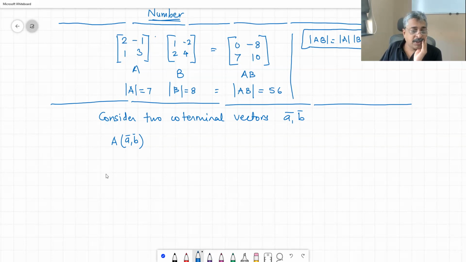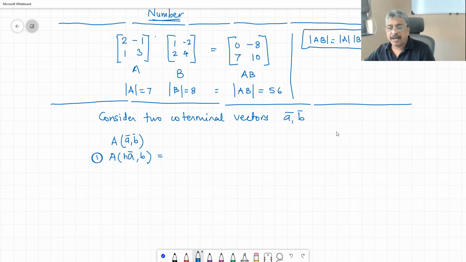The order is important. Then, can we say something about A of a real number multiple of A comma B, a scalar multiple of A comma B? Can we say something about it? A and B are two vectors, and A comma B is the area of this parallelogram.